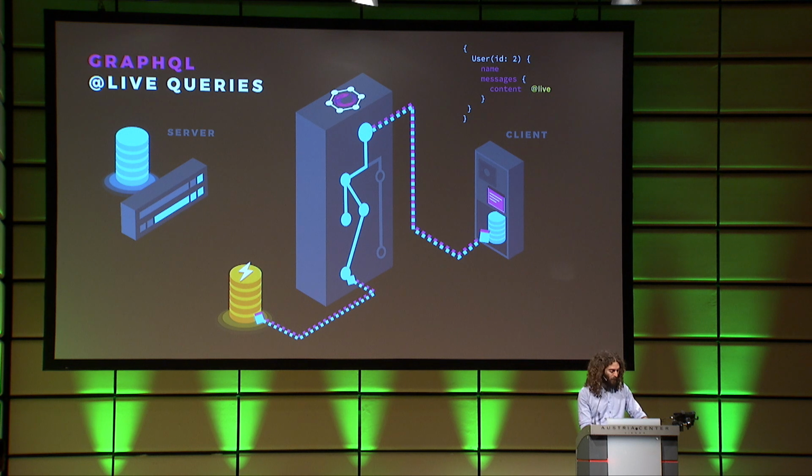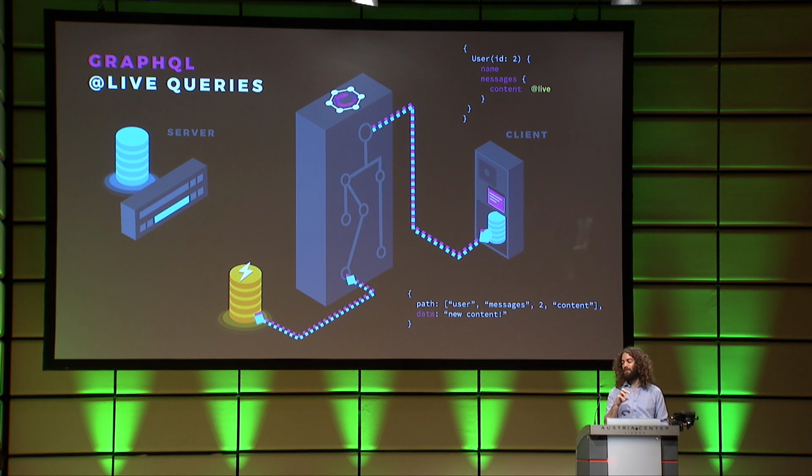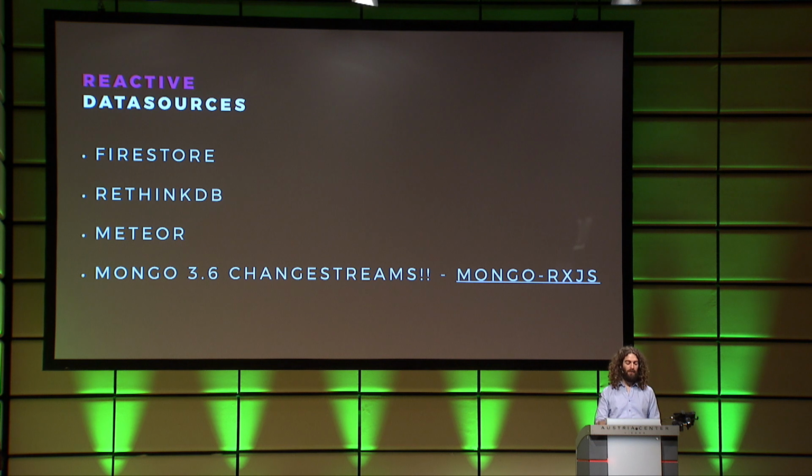And then when something changes in the magical database, this data will flow from the magical database into the client, and I will get just the delta of the data that was changed and the path. And this is in the spec. So it doesn't matter if my magical database is Firestore, RethinkDB, Meteor, or if you're using the latest Mongo 3.6, then you can actually use change streams, which is a new feature there.